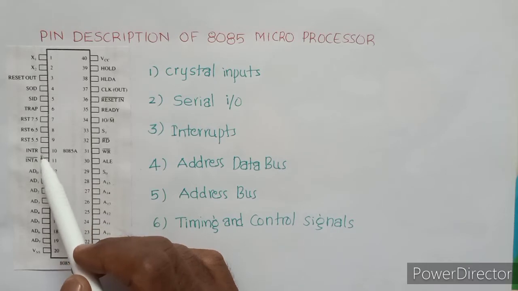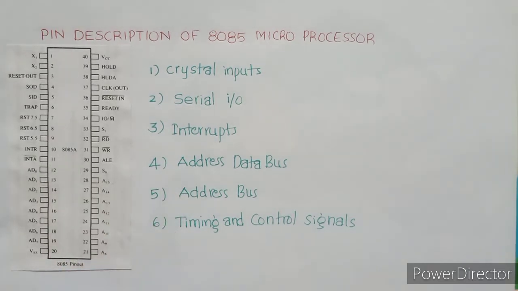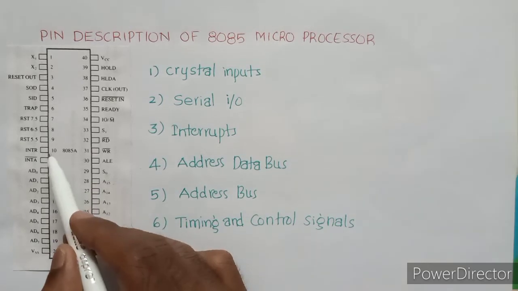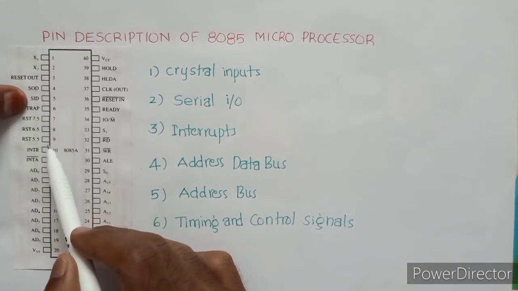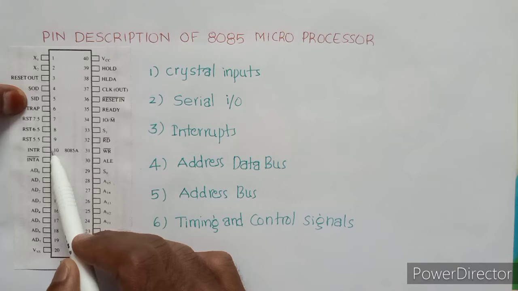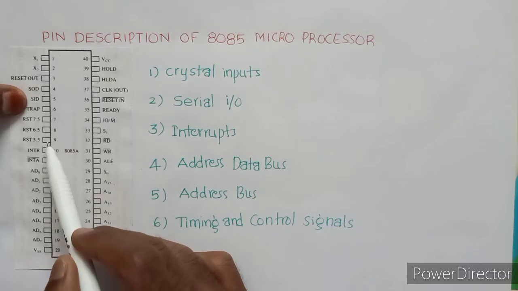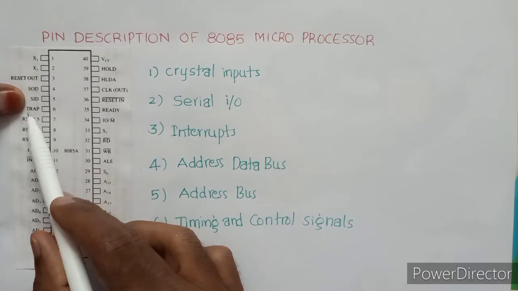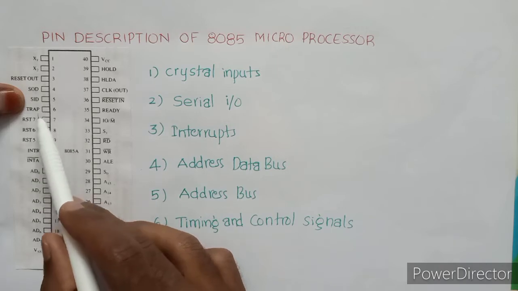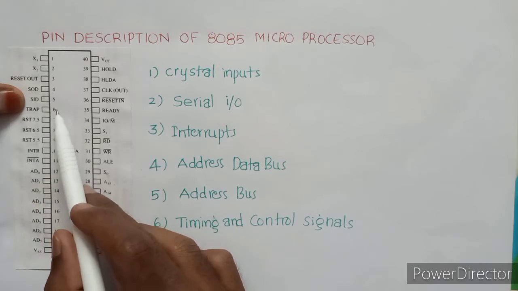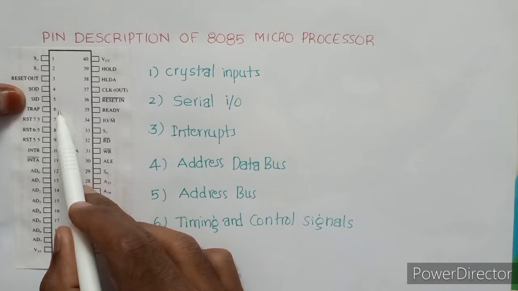These are all interrupt pins. These pins provide interrupt input points of the CPU. TRAP provides a non-maskable interrupt request.